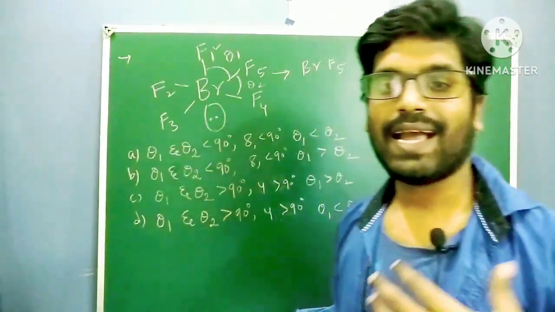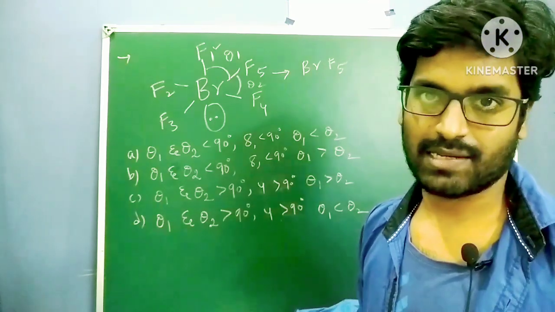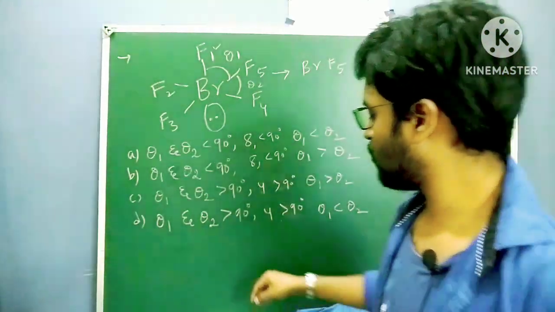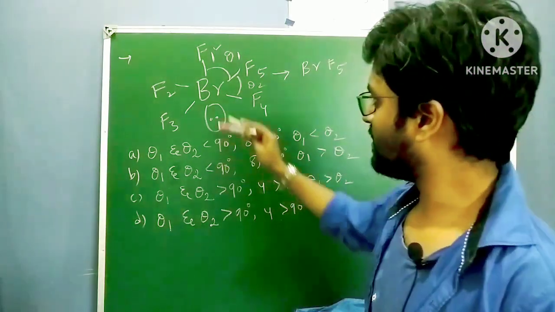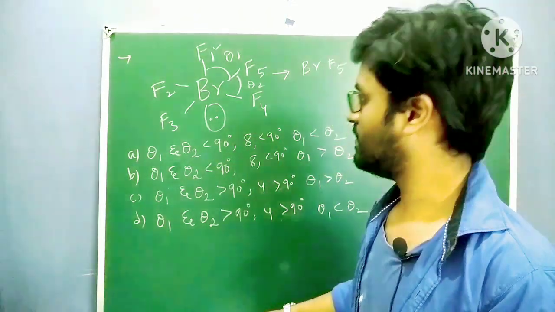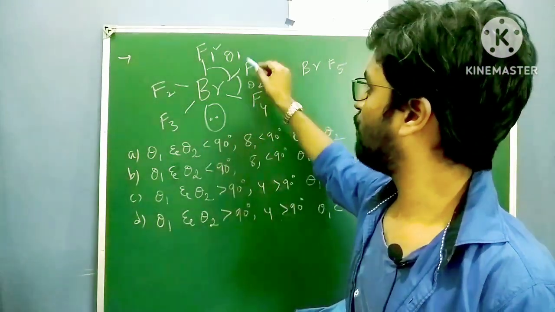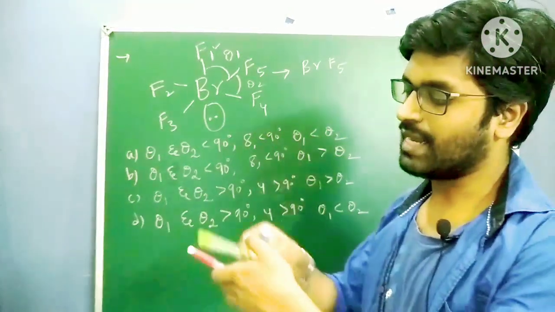As you already know, adjacent bond angles are always 90 degrees. But if you observe the structure carefully, the central atom is Br, and there are 5 fluorine atoms, F1, F2, F3, F4, F5, like this.